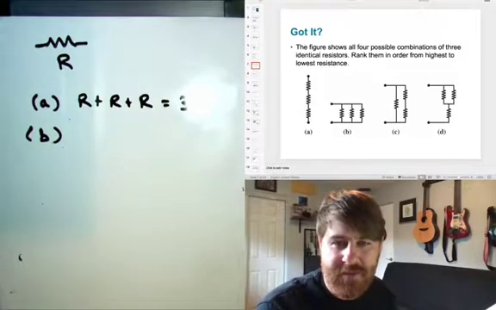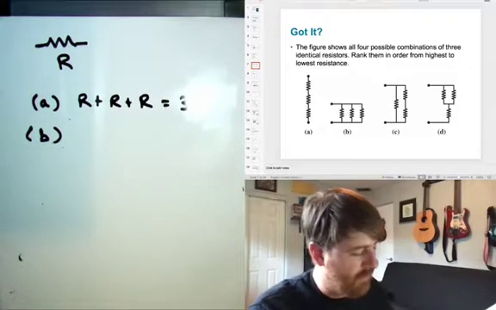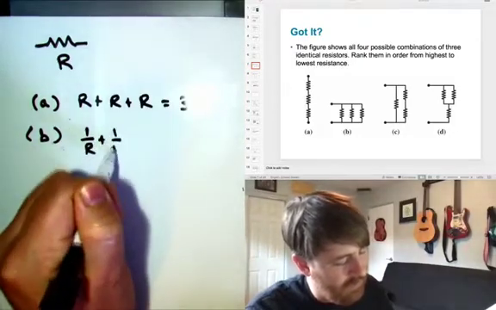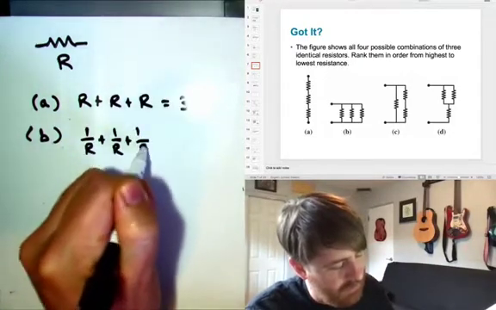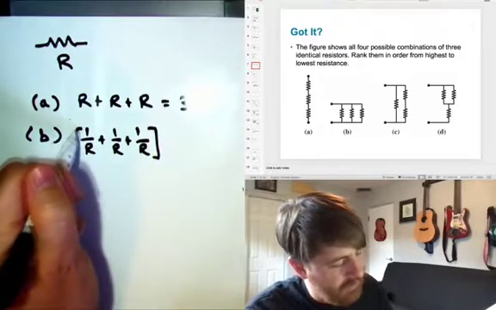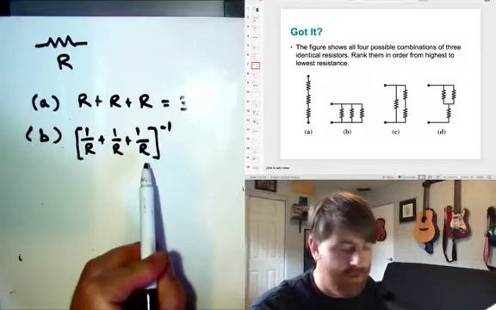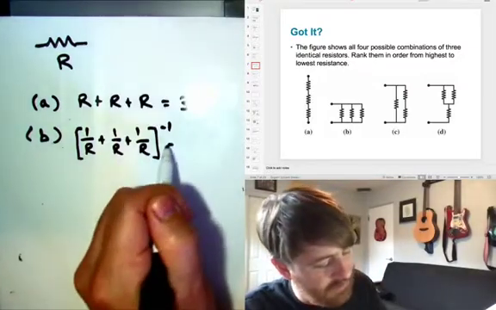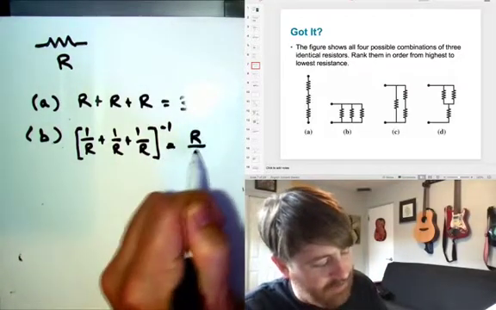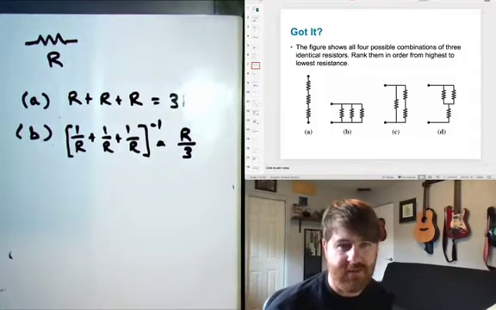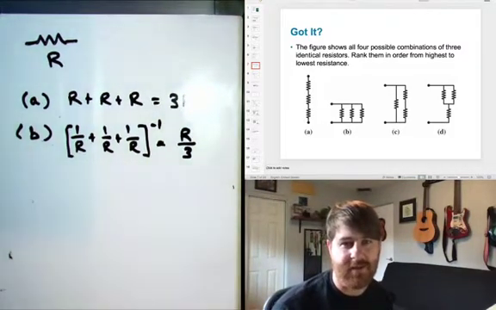So now I need the reciprocal of the reciprocal sum. So that's 1 over R plus 1 over R plus 1 over R, and then I need 1 over that. Well, this is 3 over R, and then if I flip that, that gives me R over 3. So 1/3 of any one of the individual resistors. It's less than any one of the individual resistors.